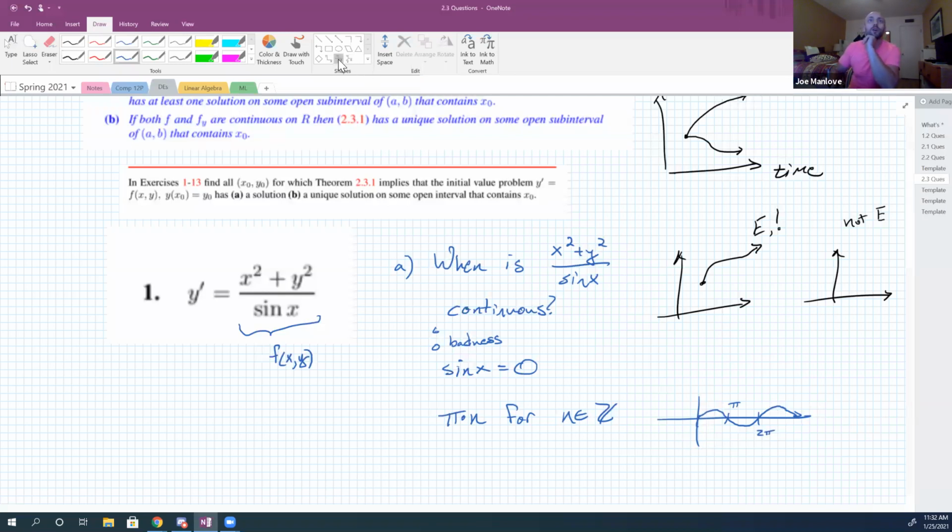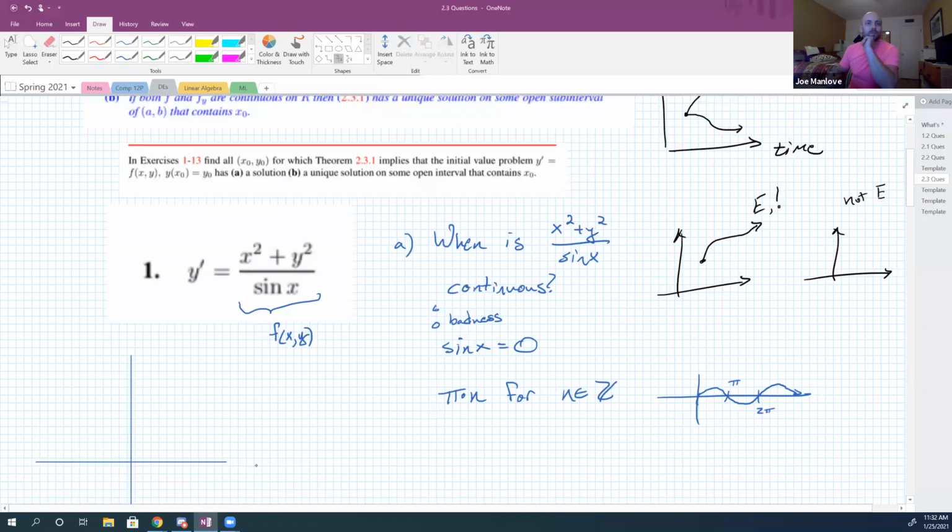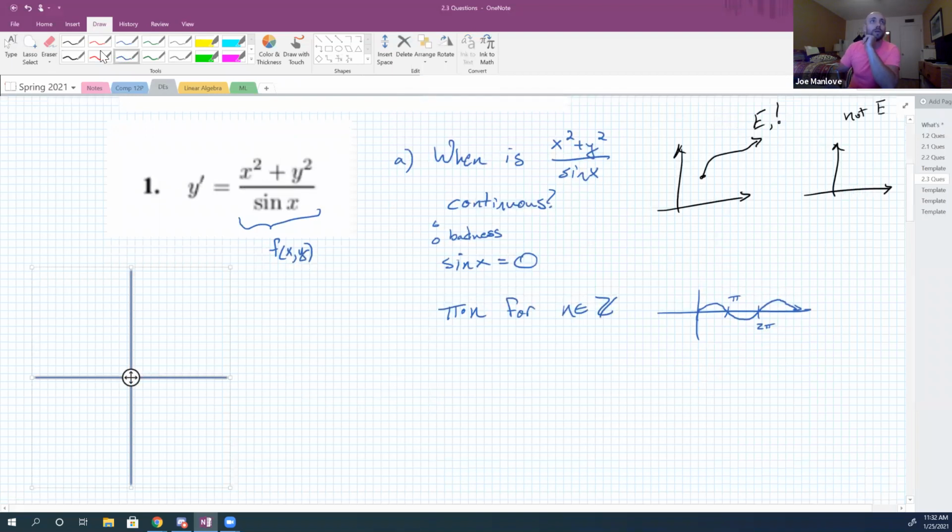So if I think about drawing the space, here's all of space. And then I'm going to have these problems when x, really, I should have said this. Right, so my thought bubble is, okay, sine of x is 0. That's going to be when x is pi times n for an integer.